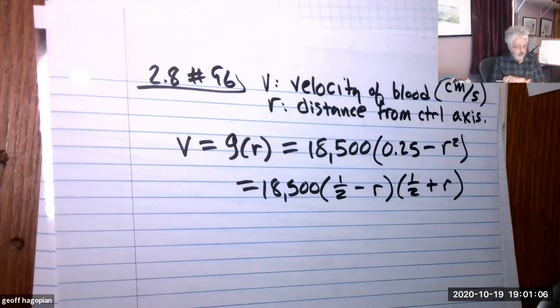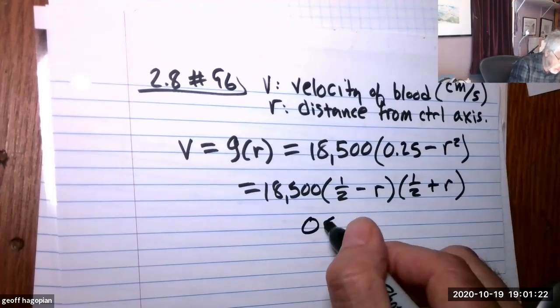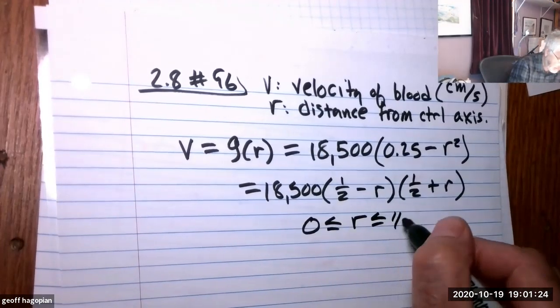And so we see that r should range between 0 and 1/2, right? Is that clear in the statement of the problem? R is the distance, right? So r should be a number between 0 and 1/2.